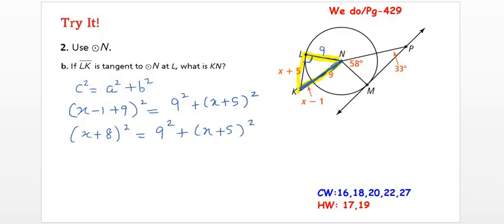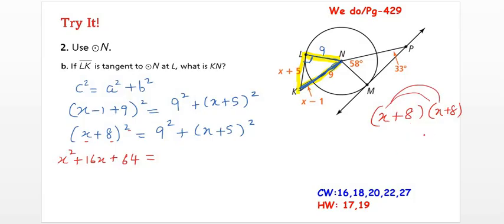Now you have to remove this square. How do we remove the square? As I told you once in the class, it will be x squared plus, multiplying these three numbers together, 16x, plus 8 squared, which is 64. This is one way to do it. If someone does not know how I got this answer, she can write it twice, like x plus 8 times x plus 8, and then use the FOIL method to expand, and she will get the same answer.